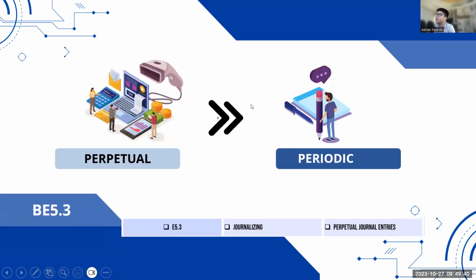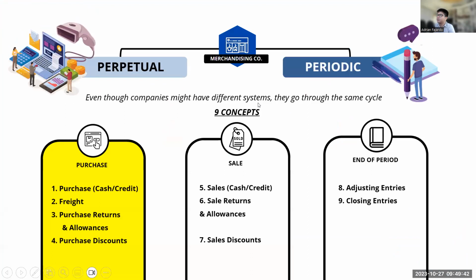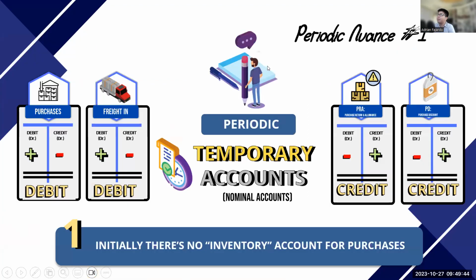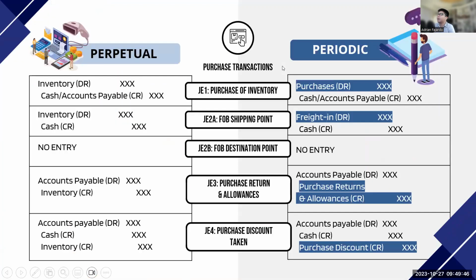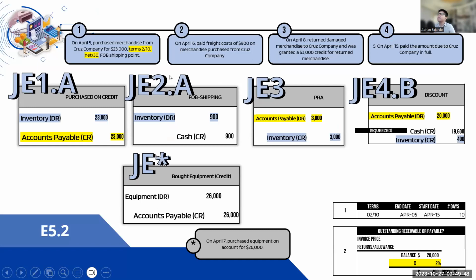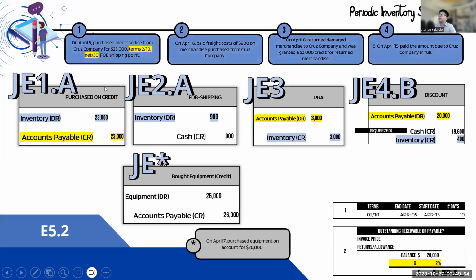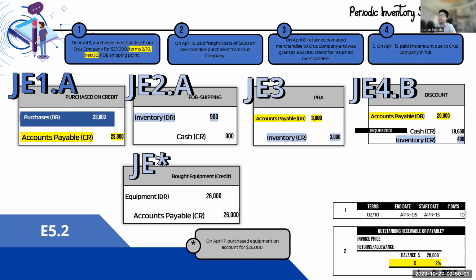So, how do we turn this into periodic? Right? So, same example pero ginawa lang nating periodic. So step 1, ito yung journal entry natin for perpetual. Pag ginawa natin tong periodic, sa purchase, ang mag-iiba lang is the name. Purchases lang. Purchases, 23,000, credit accounts payable.